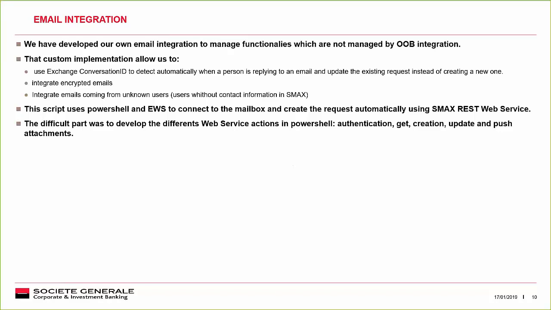In fact, that conversation ID allows us to detect when a person answers on an email and see that the request is already created for that same topic. Like that, we don't need to create a new request every time people share information on the same email. So it's something which is managed out of the box by the button, but we couldn't use it because it was forbidden by the security here.